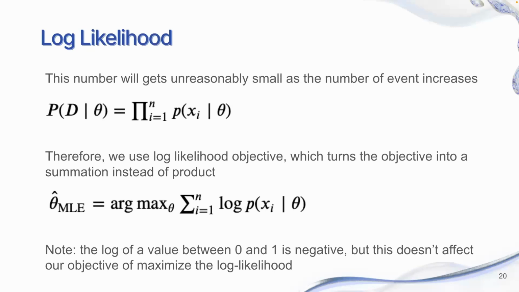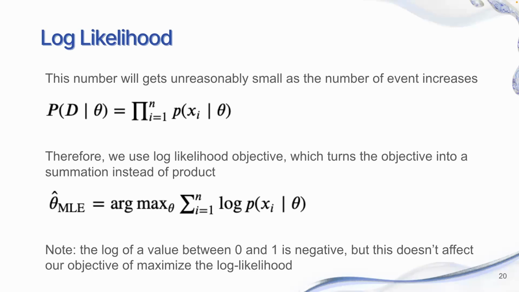So what we do here is we take the log likelihood, because hopefully you remember the log of a product can be converted into a summation term, right? So now we converted a multiplication of multiple small numbers into a summation term. So we have a better numerical value to work with. It won't get extremely small as n grows.